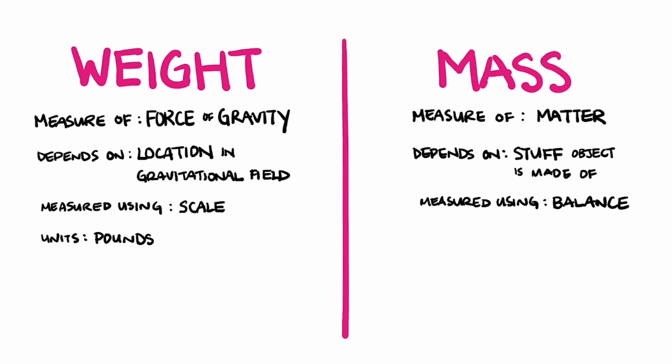In physics, we tend to use a different unit of measurement for weight. We use something called the Newton. You might have heard of Sir Isaac Newton. Now, we don't just use a different form of measurement to make science more complicated. There is a reason for the use of the Newton.